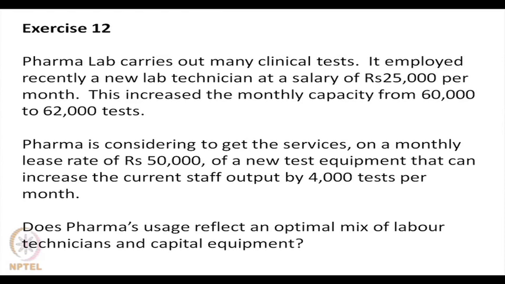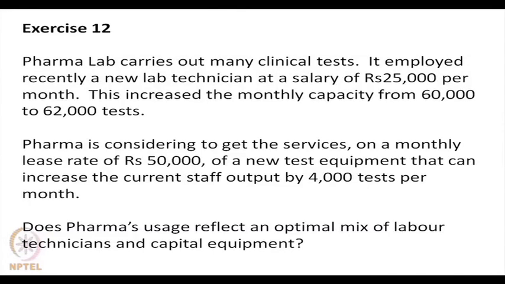Pharma is now considering getting the services of a new test equipment on a monthly lease rate of rupees 50,000, that can increase the current staff output by 4,000 tests per month. So, this is another way of increasing the number of tests.